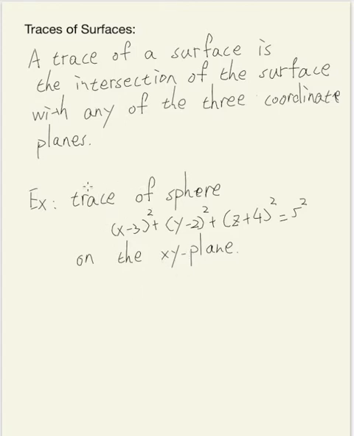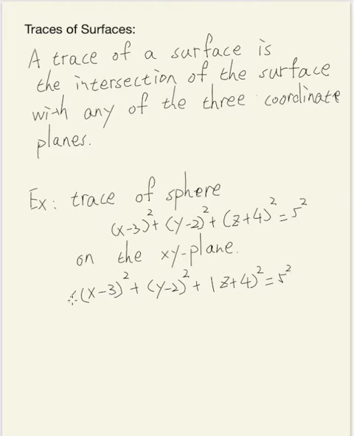So every point on this trace satisfies (x minus 3) squared plus (y minus 2) squared plus (z plus 4) squared equals 5 squared.